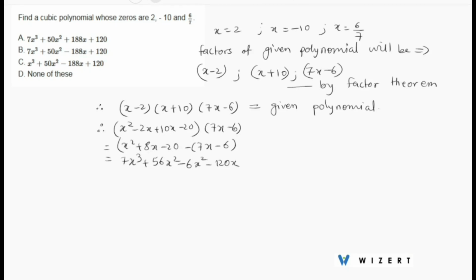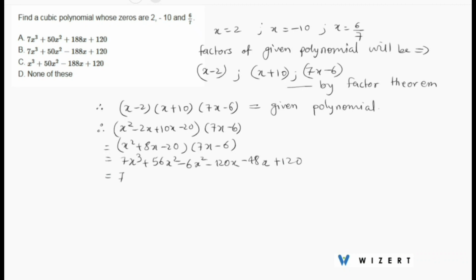and 8 6 we have minus 48x, and then the constant term here is, let's see, minus 20 minus 6. So when they are multiplied, what we have is plus 120.